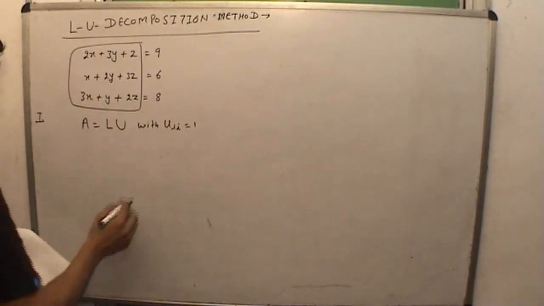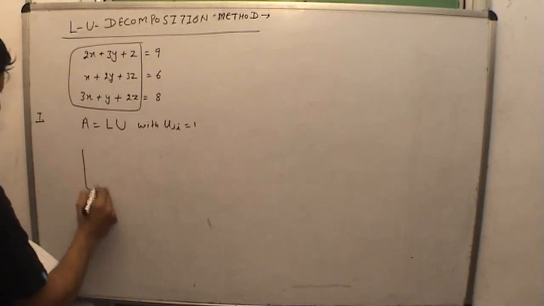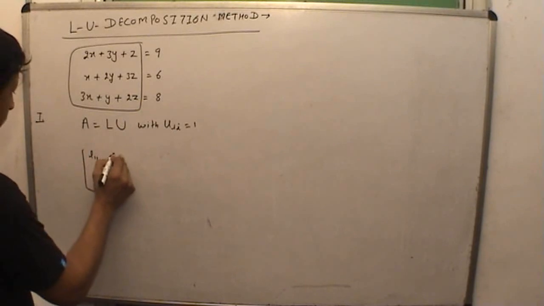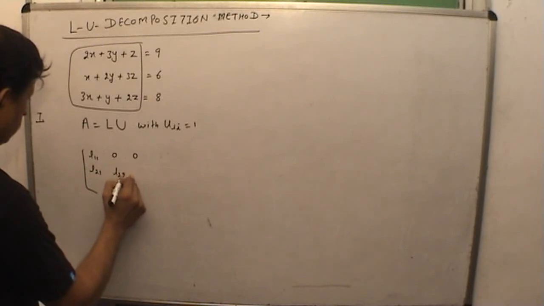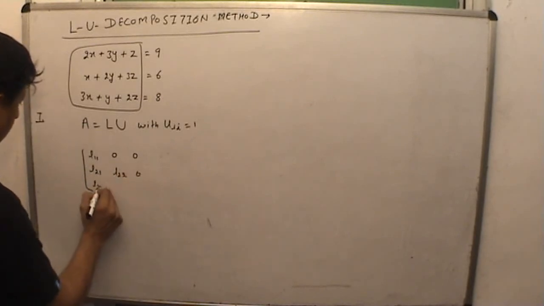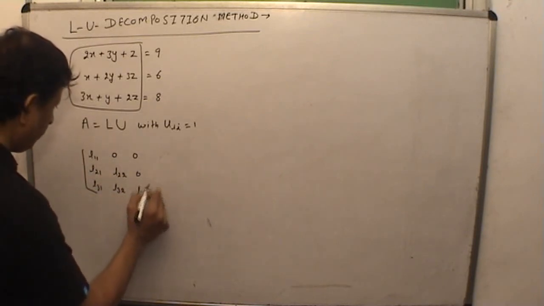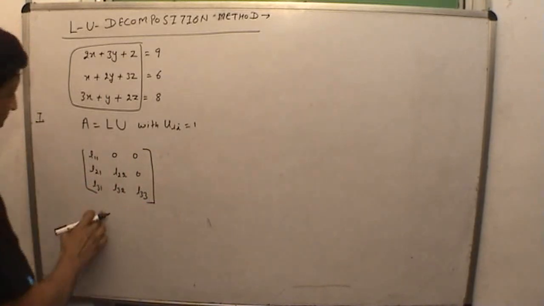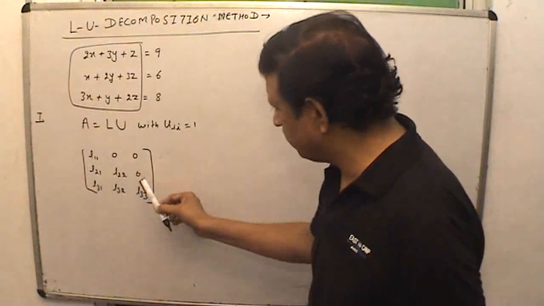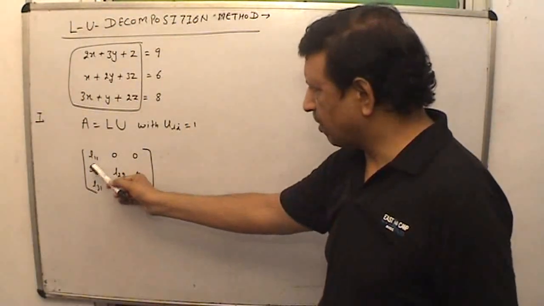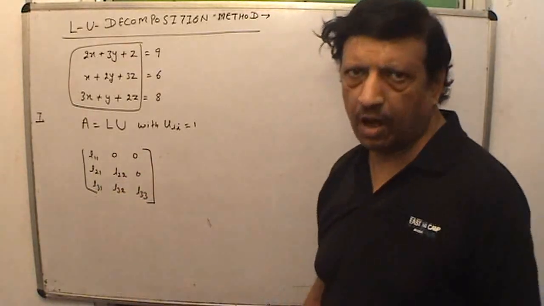So we split this. The lower triangular matrix is L11 0 0, L21 L22 0, L31 L32 and L33. It is a lower triangular matrix because all the elements above the diagonal are 0. And these L11, L21, up to L33, the six of them, are unknown constants.